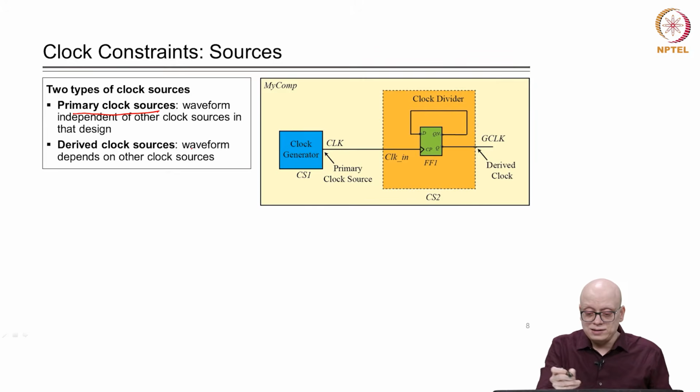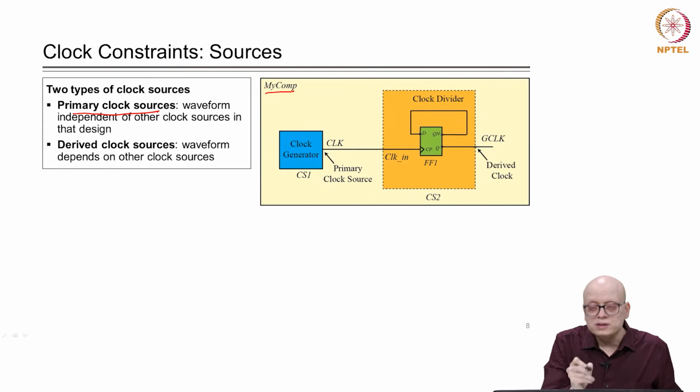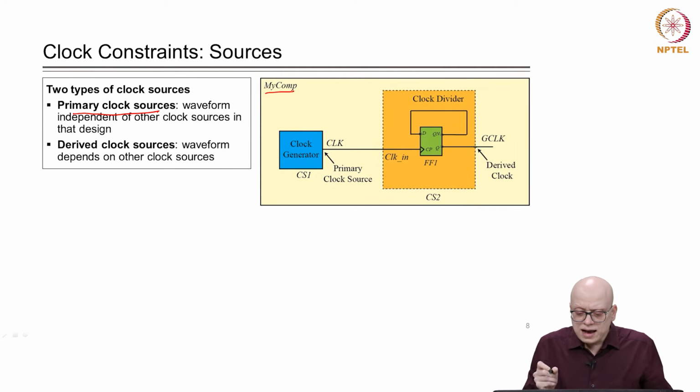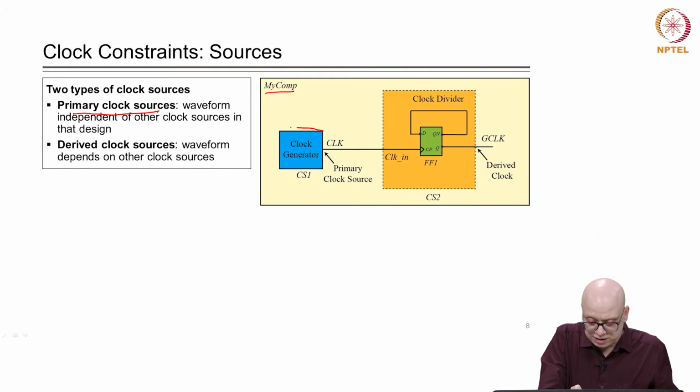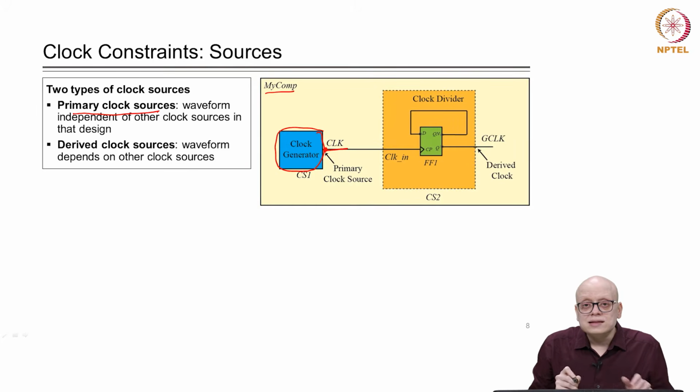Suppose this is our design, we are calling it MyCom, the name of our design, and there is a clock generator which generates a clock signal at this net CLK. Since the frequency and the clock signal attributes are not dependent on any other clock source, we can say that this clock generator is a primary clock source generator.